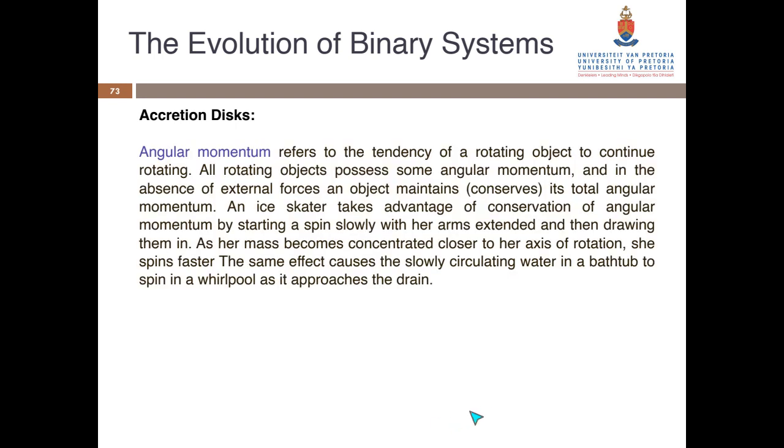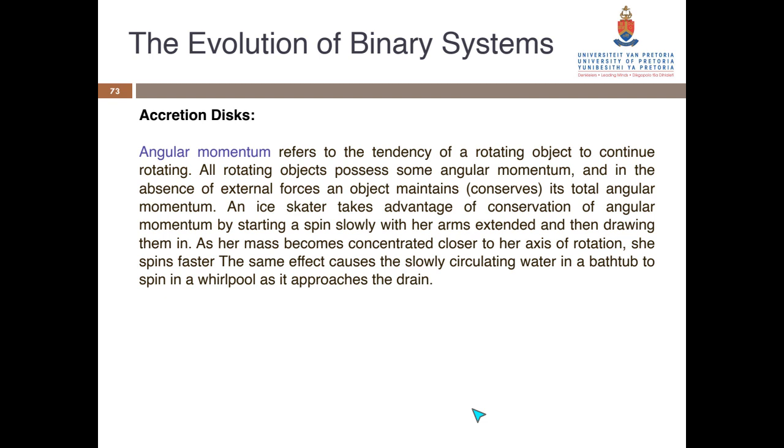So angular momentum refers to the tendency of a rotating object to continue rotating. All rotating objects possess some angular momentum, and in the absence of external forces, an object conserves its total angular momentum.